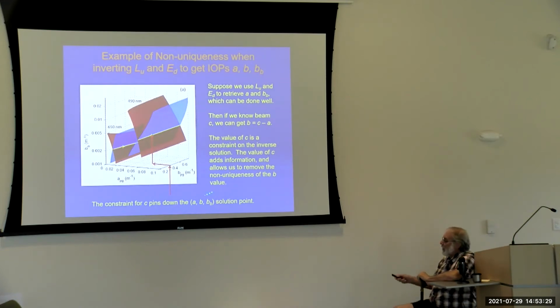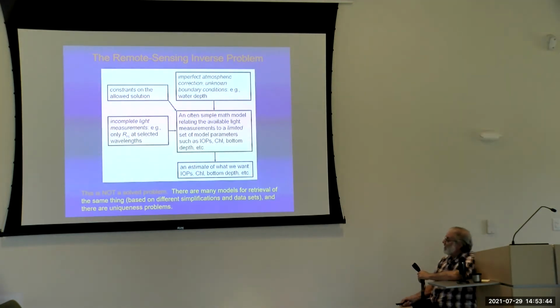Anyway, that's the way the whole inverse business works: you're always trying to figure out how to pin down a unique solution when you may have many different mathematical or physical solutions. So a way to view remote sensing is you have things like imperfect atmospheric corrections. You may not know the boundary conditions like water depth.